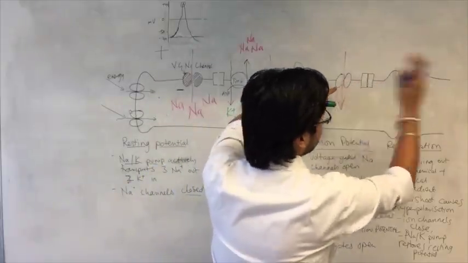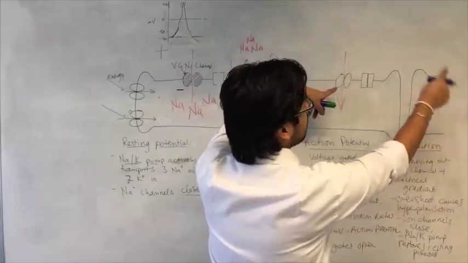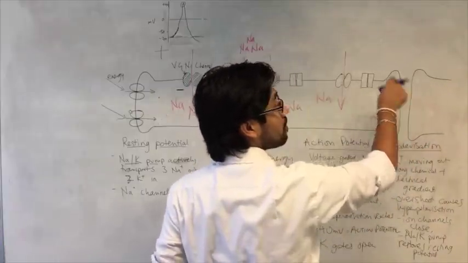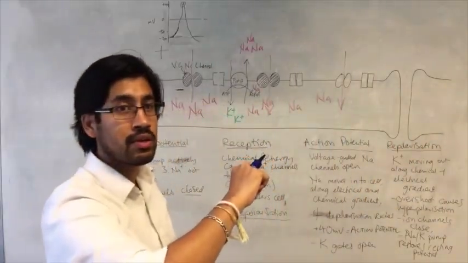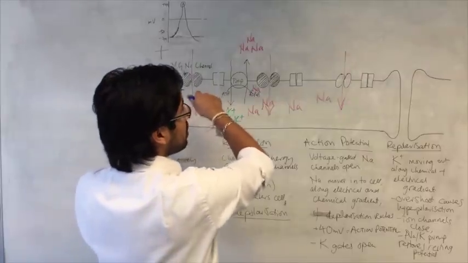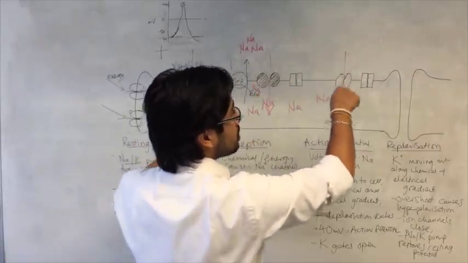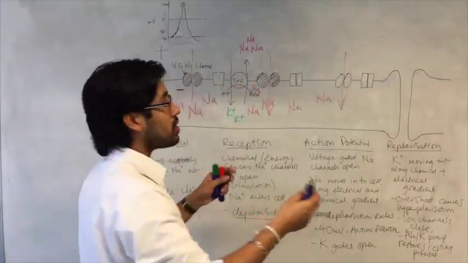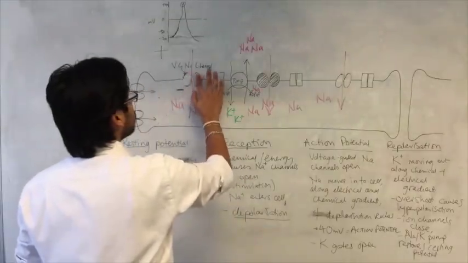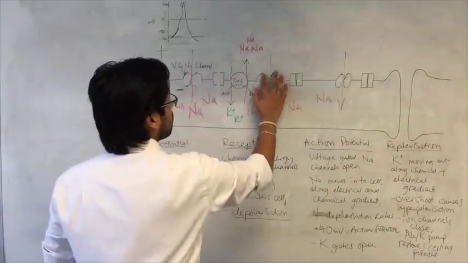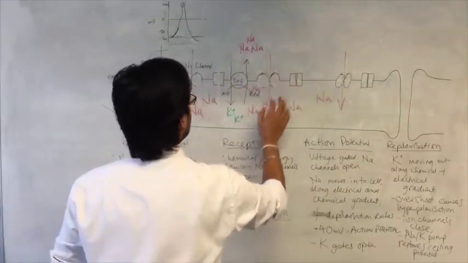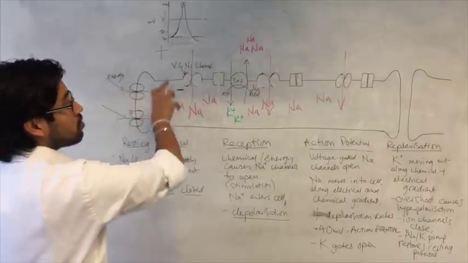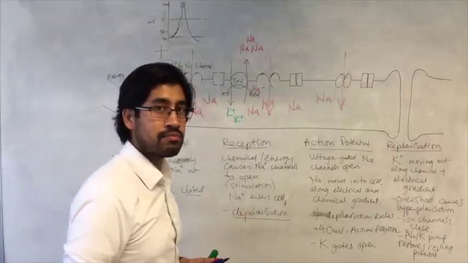But in theory, if the neuron was extended and there was another voltage-gated sodium channel over there, that one would get stimulated. And so you make sure in that way that the signal only goes in one direction. After a certain time, they'll both return to normal and they will be able to be stimulated if the neuron was to be stimulated again.